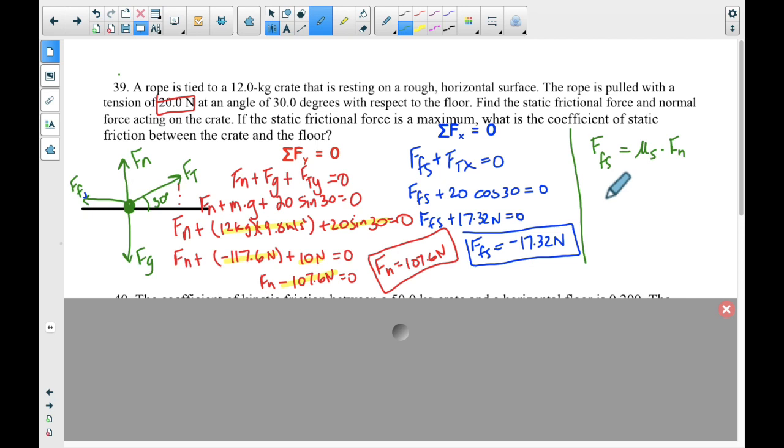So we know the static friction force is a negative 17.32 newtons, and we're looking for mu. And the normal force, we found that to be 107.6 newtons. And so now we just divide both sides by 107.6, and we get 0.161 for our coefficient of static friction.